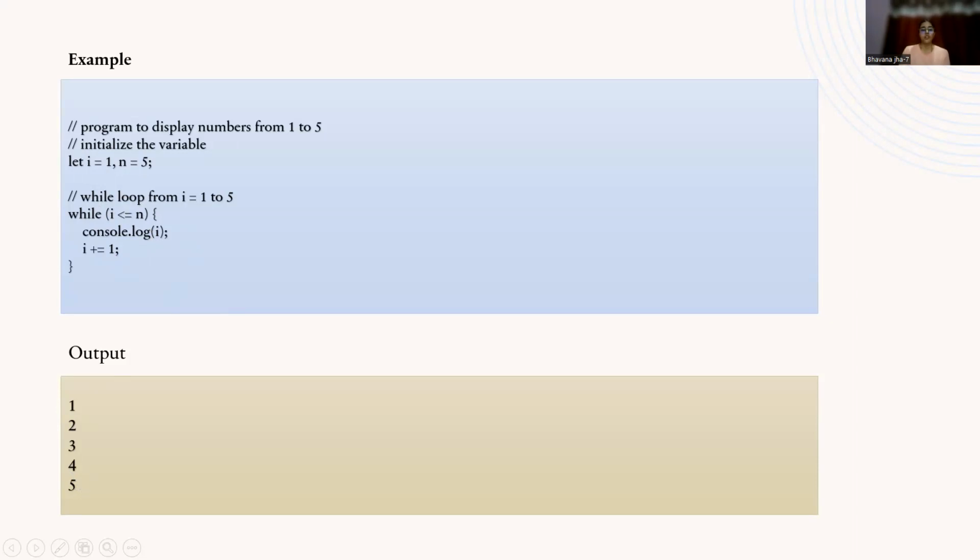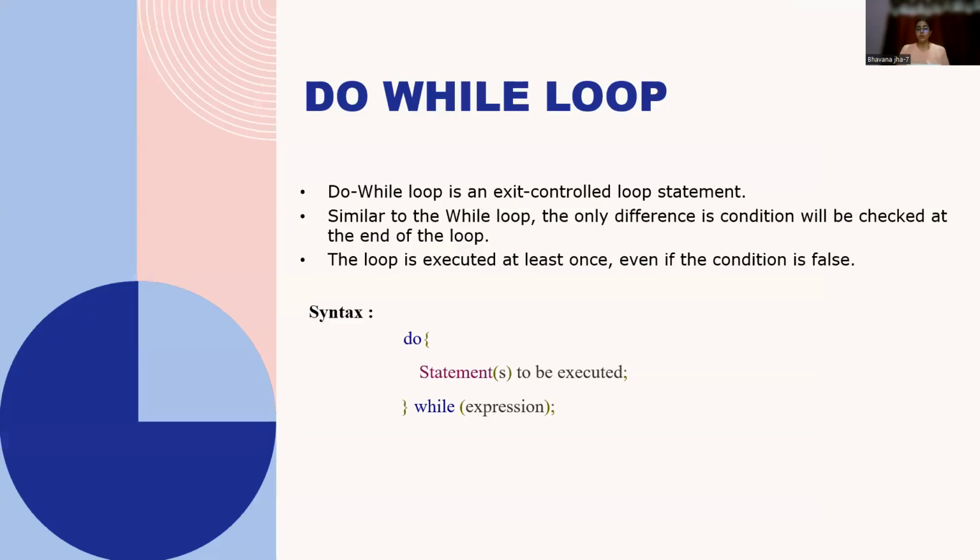Let's move on to our last looping statement, the do while loop. The do while loop is an exit control looping statement. The similarity is the same as the while loop, but the only difference is that here the while condition comes at the end of the statements.